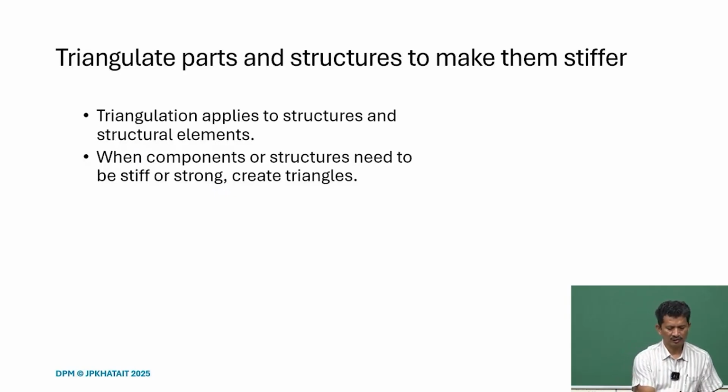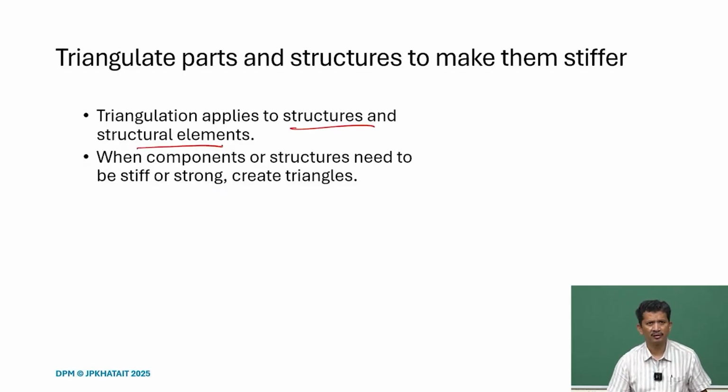Many times when we are talking about structures and structural elements, which are important to design, even a machine base or something supporting the moving parts, we may have to use triangulation.